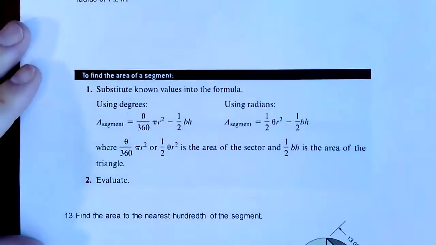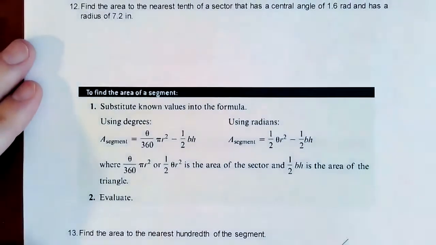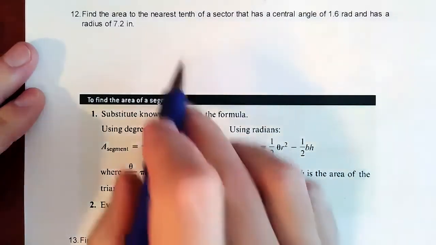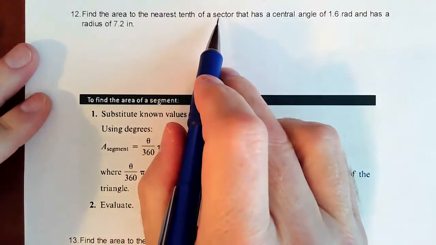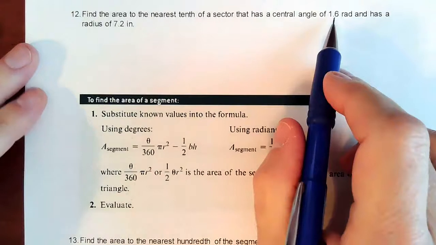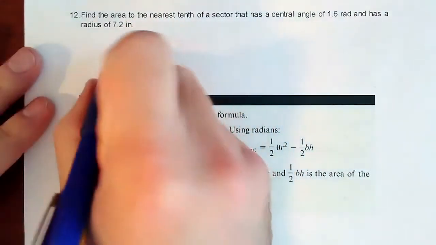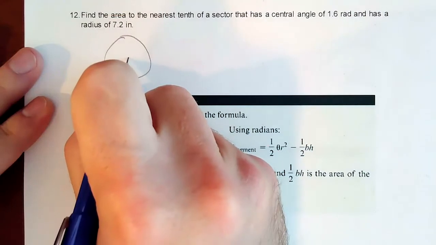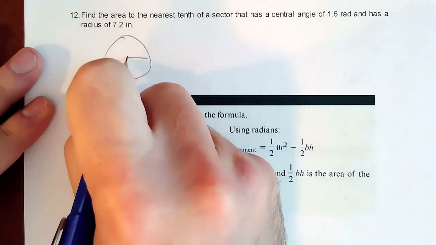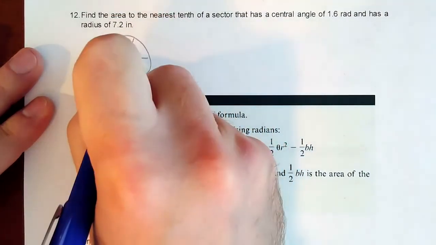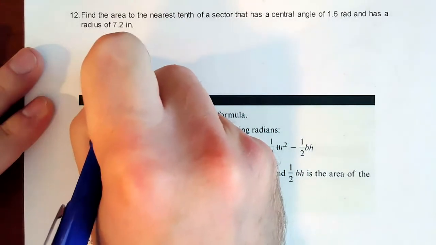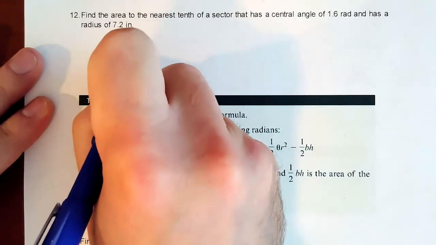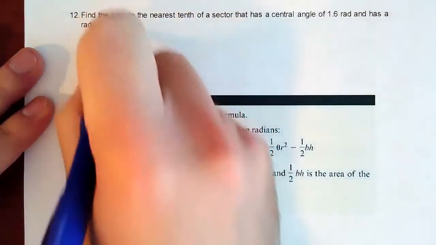Okay, so let's do another one. All right, so find the area to the nearest hundredth or nearest tenth of a sector that has a central angle of 1.6 radians. So we have some sort of an angle, 1.6, and it has a radius of 7.2.